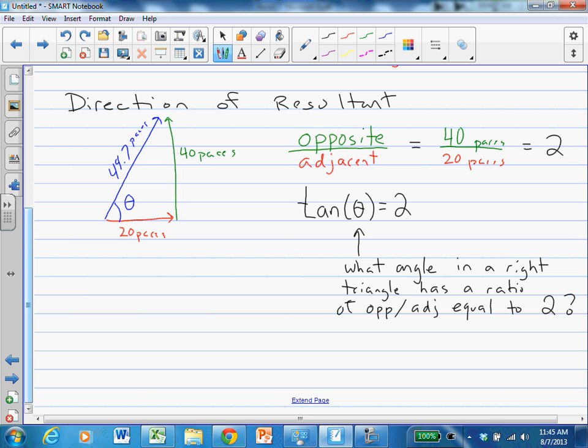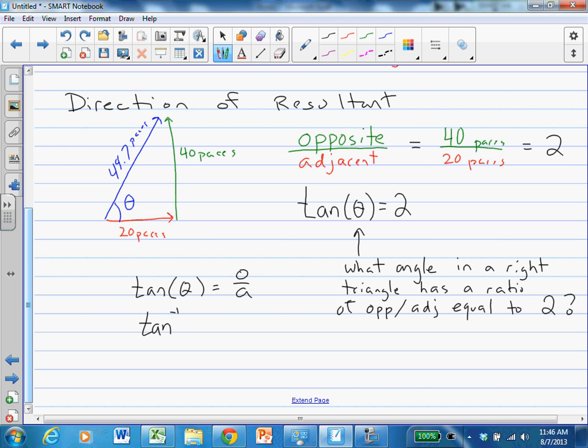And the way we do that is to look at a new trig function. Well, the inverse of the trig function. So tangent of theta is O over A. But the tan inverse of O over A is equal to theta.